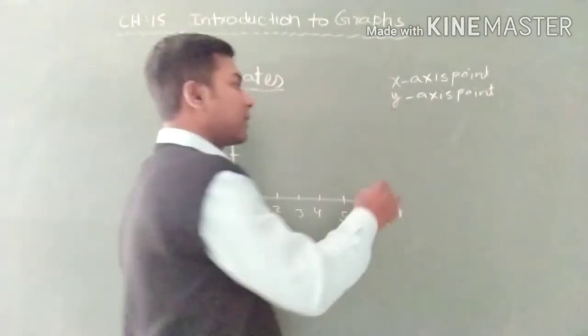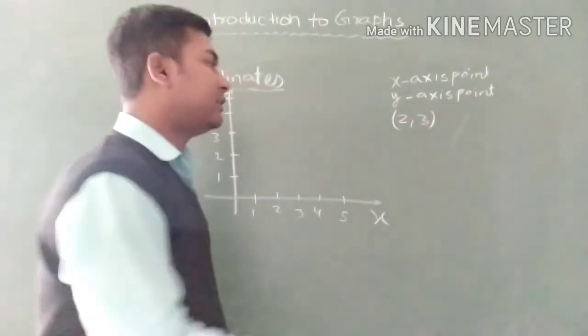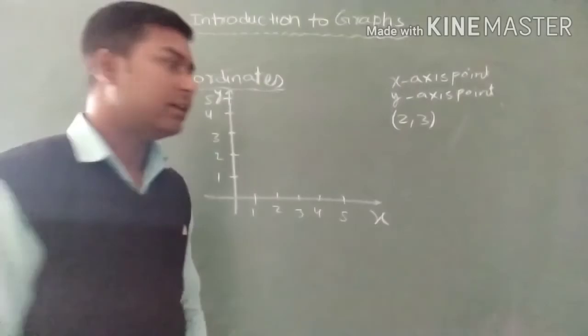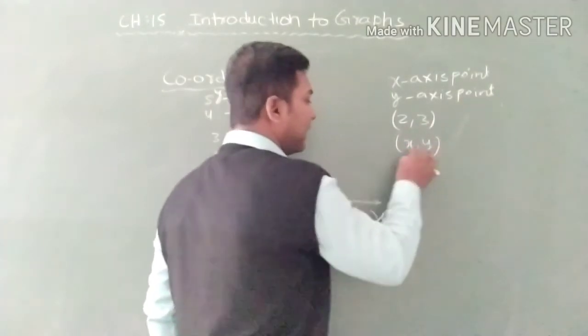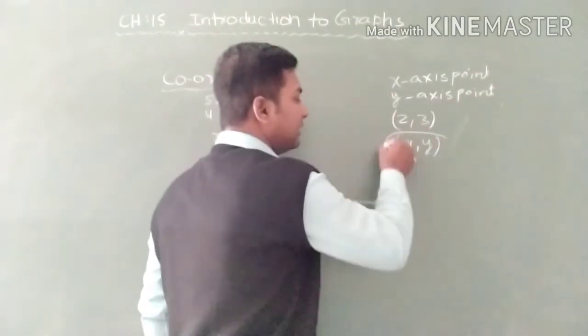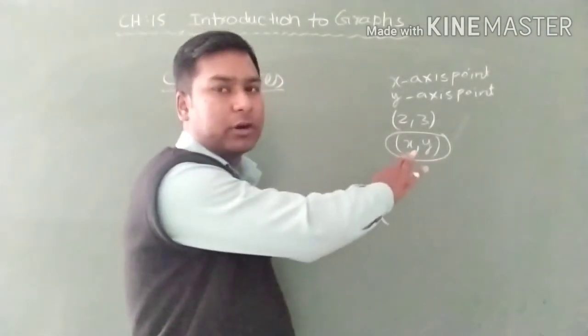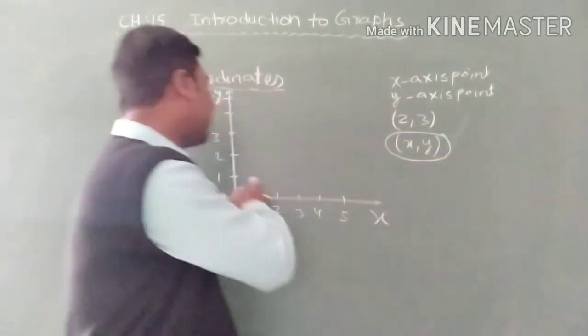Let's suppose 2 and 3. It is given. This whole is known as coordinates. Okay. So 2 is the point x and 3 is the point y. Okay, (x, y), we can denote it like this. This is the whole coordinate, and x is the point on the x-axis and y is the point on the y-axis.